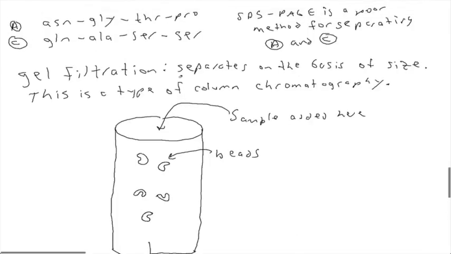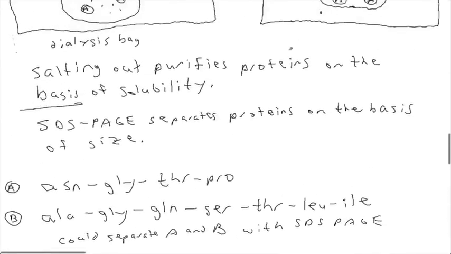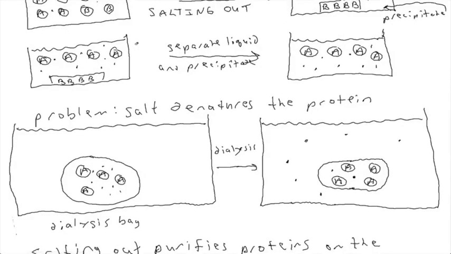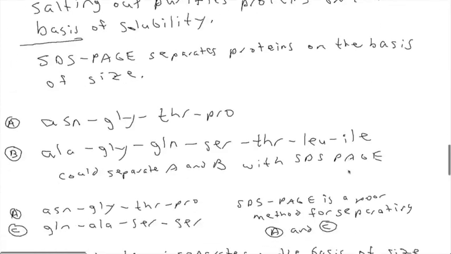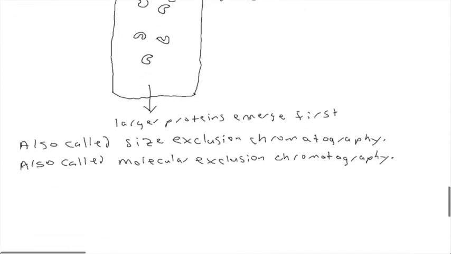So do you see how it's better to first do salting out and then do gel filtration? When you do salting out, that gets rid of the proteins whose solubility is different than your target. And then when you do gel filtration, that gets rid of the remaining proteins whose size is different than your target. So why would you still need a third method?